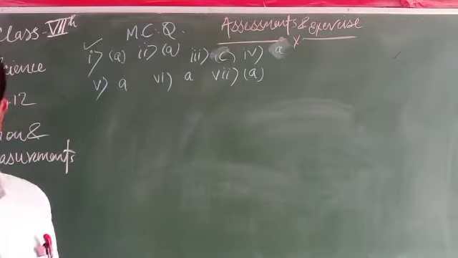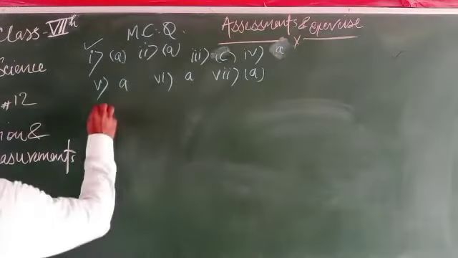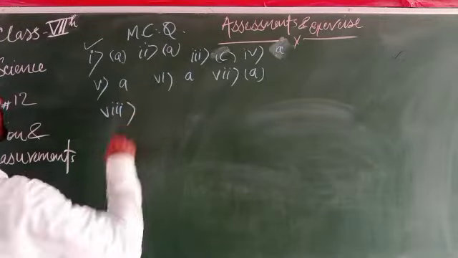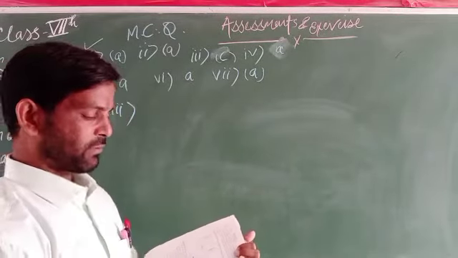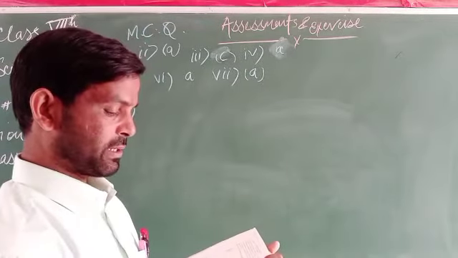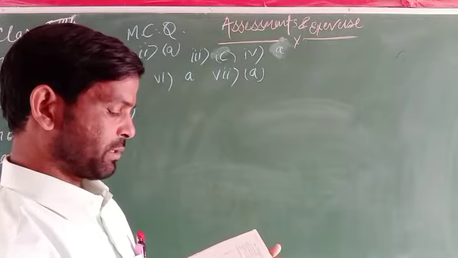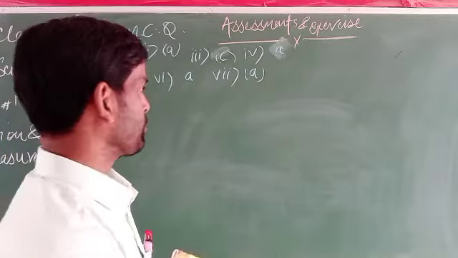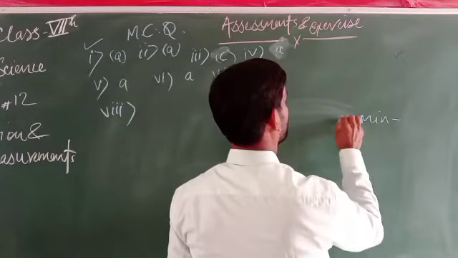Next, question number 8: Salma takes 25 minutes from her house to reach her school on a bicycle. The bicycle has a speed of 2 meters per second. The distance between her house and school is? The time is given in minutes, 25 minutes.